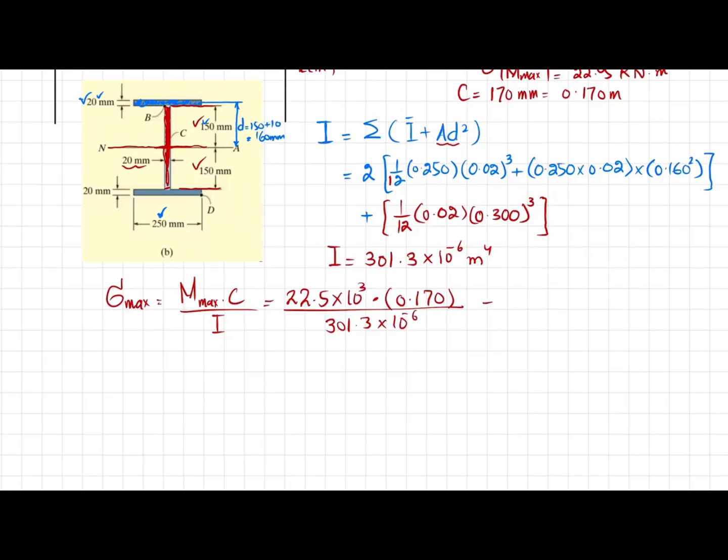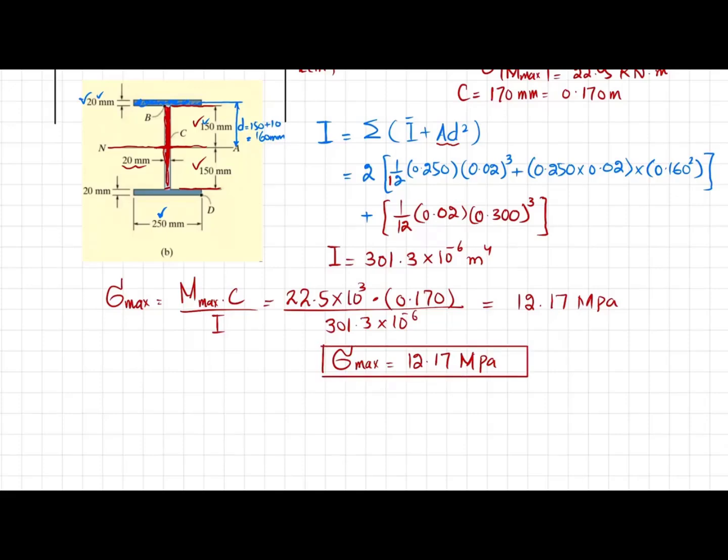So again, when you calculate it, you will get 12.17 megapascal. So bending stress maximum is equal to 12.17 megapascal. Okay. So this is the maximum bending stress.